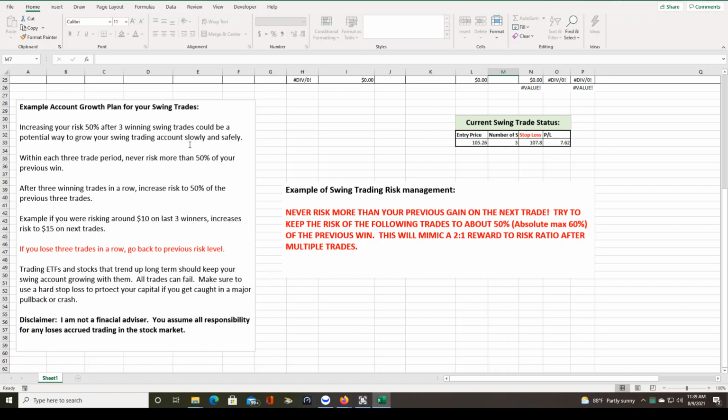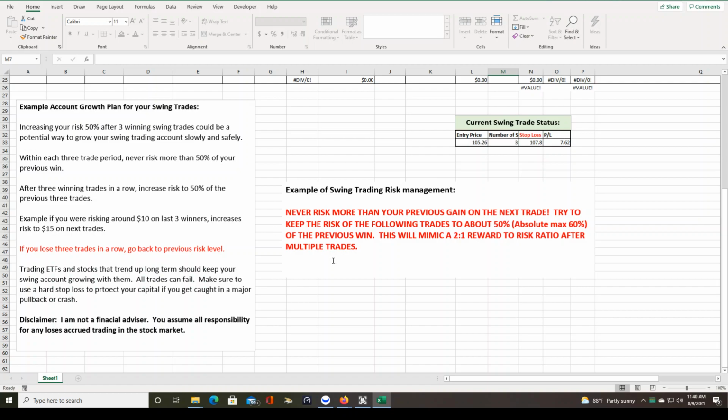If you've won 3 trades, you've built a bit of a cushion. Let's say each trade gets you an average of $20, and you've been risking $10 per trade up to that point. For the 4th trade, you might want to risk $15. So as many shares as you can buy with a risk of $15, that's how many shares you want to enter the next trade in. And that will help grow your account.